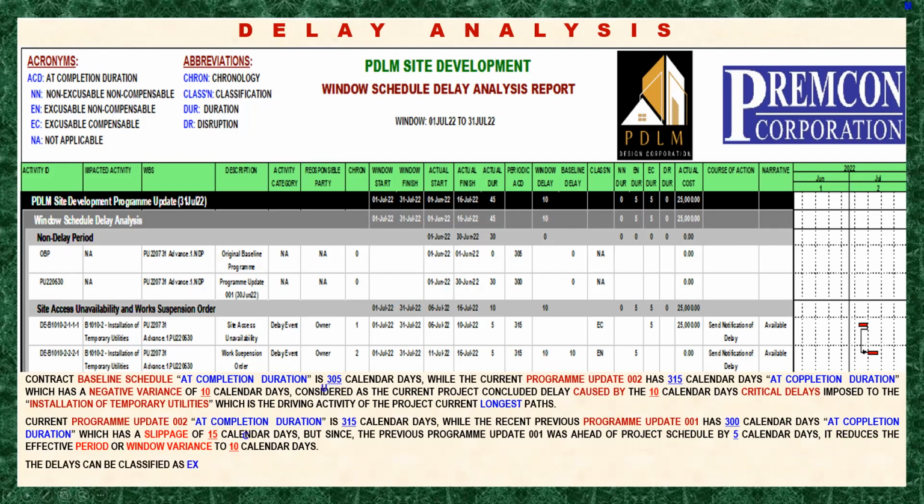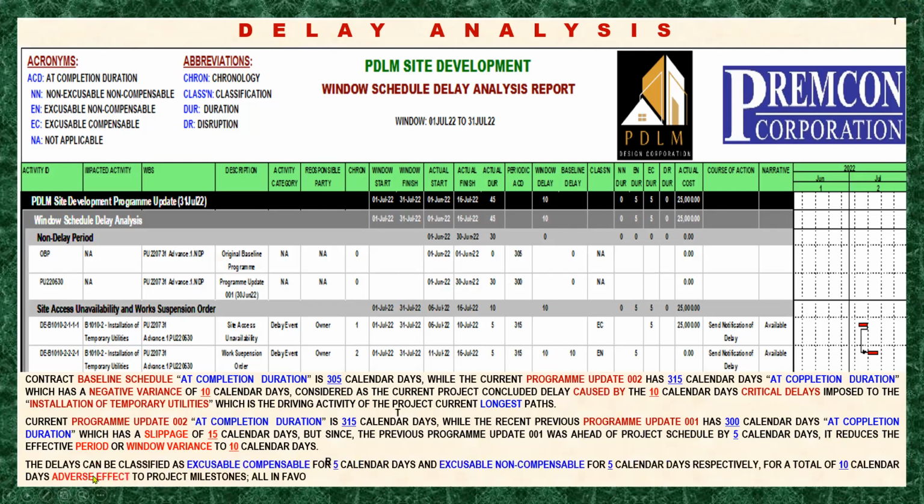Okay. Moving forward, the delays can be classified as excusable compensable for 5 days. So it is here, under the column of excusable compensable, we have 5 days. And then we have here the excusable and non-compensable, so under this column, we have the 5 days also.